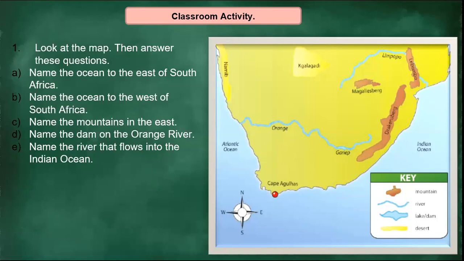The river that is next to the Indian Ocean is Garip River, I think, ma'am. No, listen to the question. Name the river that flows to the Indian Ocean. It is connected to the Indian Ocean. Look carefully.